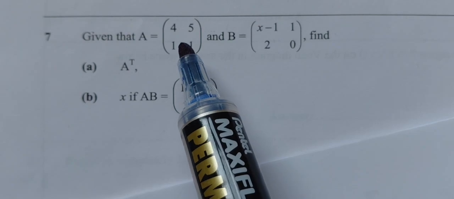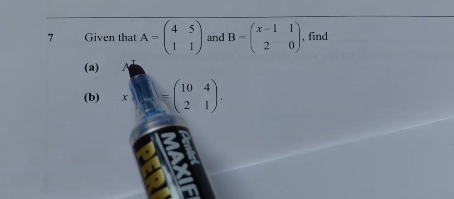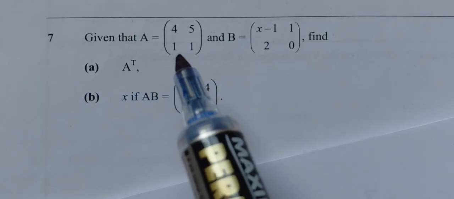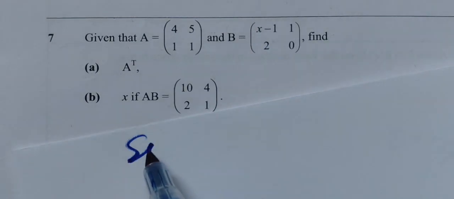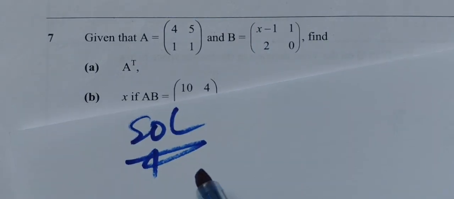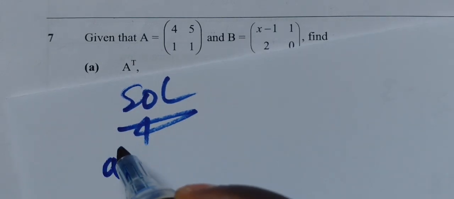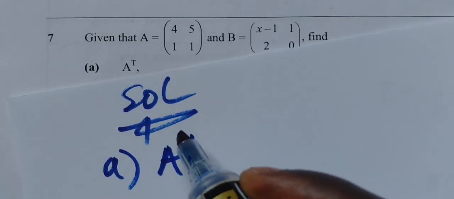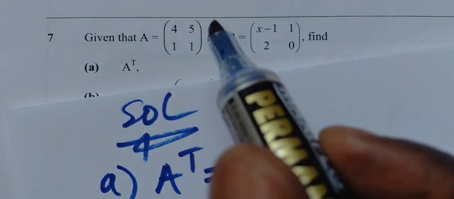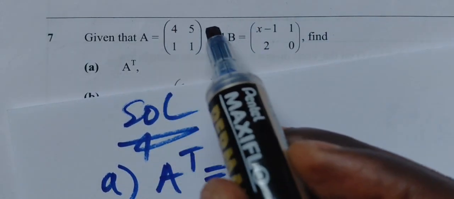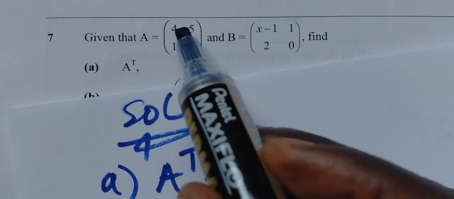This here is a 2 by 2 matrix, and A transpose also will be a 2 by 2 matrix. So this will be done as follows. So for solution, I'm going to show the following. For A transpose, here we are simply changing the rows to columns. So with the first row here, this one has 4, 5.